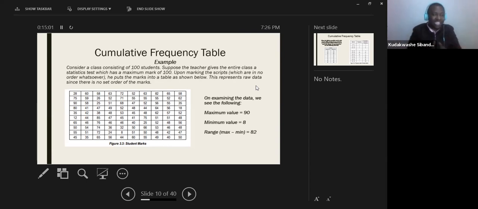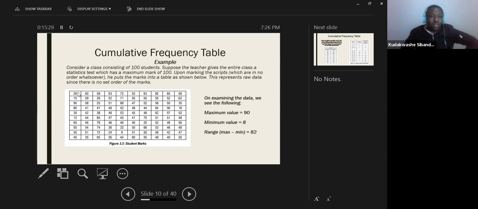He just gathers the data and puts it in one place, right? So before he does anything, that type of data is called raw data because he hasn't set it in any particular order, right? So that is what is also referred to as ungrouped data, right? Raw data is also considered as ungrouped data.